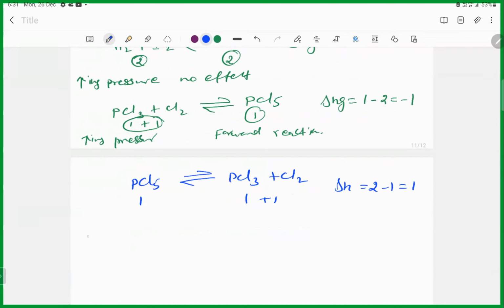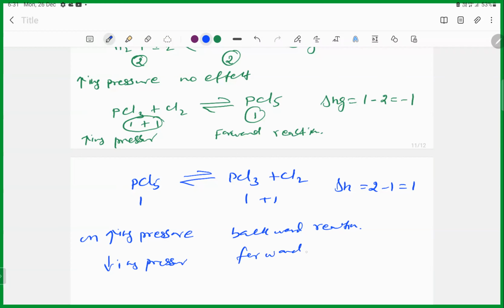Okay, on increasing pressure, the backward reaction takes place. Suppose we are decreasing pressure, the forward reaction takes place. So I can teach you two rules.